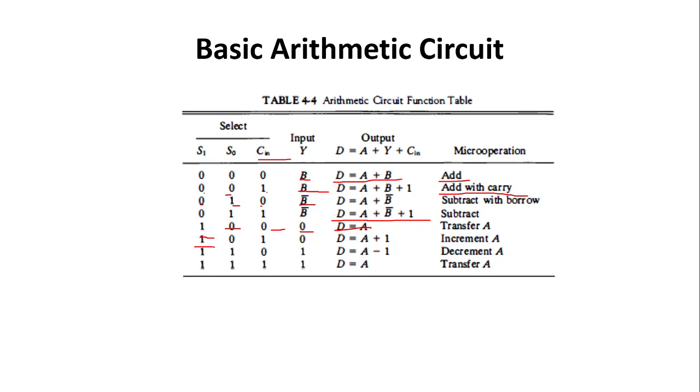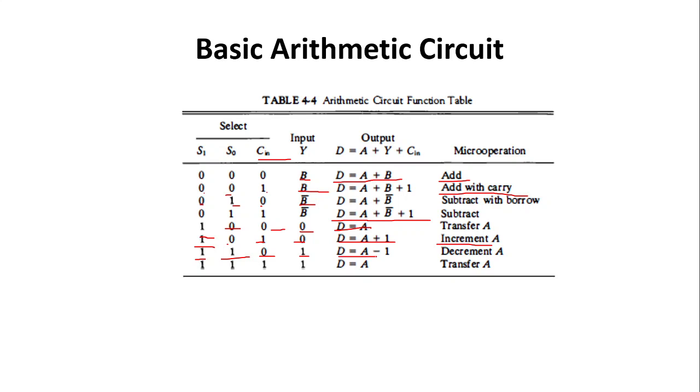Next is S1 is equal to 1, S0 is 0 and Cin is equal to 1 and input Y is equal to 0, then D is equal to A plus 1. This means it is an increment A operation, increment of A. Next is S1 is equal to 1, S0 is equal to 1, Cin is equal to 0, then input Y is equal to 1.